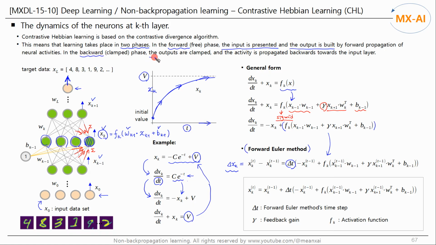In the backward phase, the outputs are clamped and the activity is propagated backwards towards the input layer. The initial value xk0 is updated to xk1, and in the next time step, xk1 is updated to xk2. If we repeat this, xk's will converge to the appropriate values.